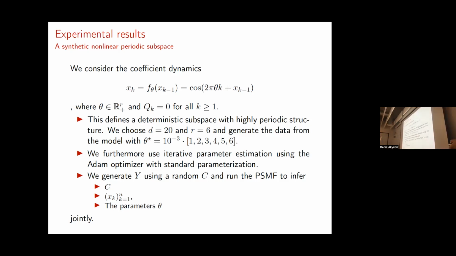And we chose basically a parameter. Why do I have 6 parameters? Because you know that x_k is a 6-dimensional vector. What we did, which is not clear here, is that for each dimension we chose a different frequency.